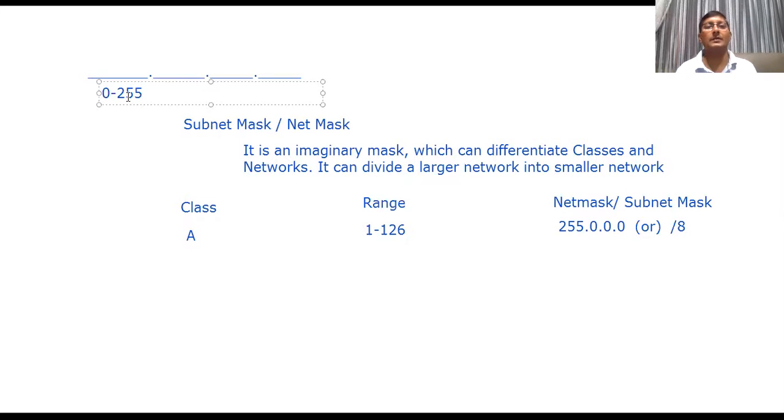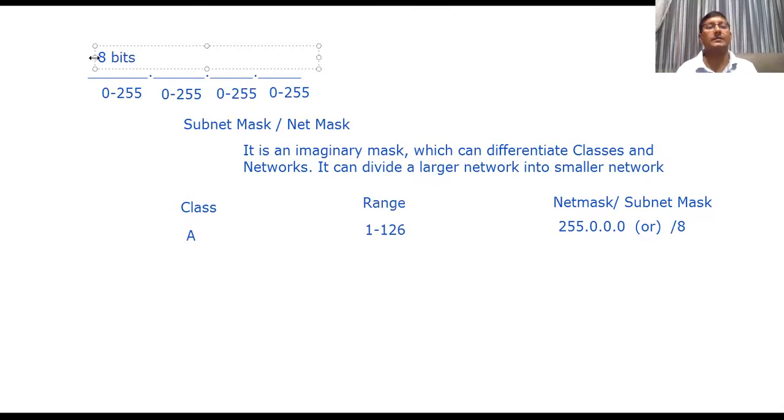This 0 to 255 is the same for each and every octet. So 0 to 255, we can also say 8 bits. Each block is 8 bits.